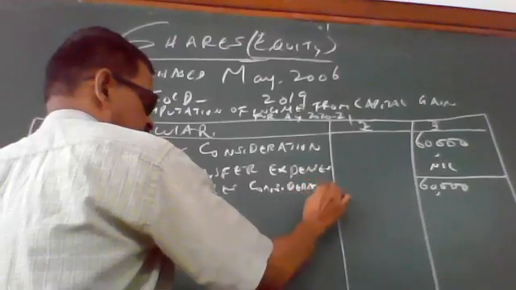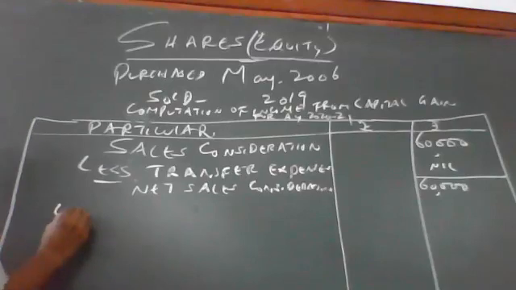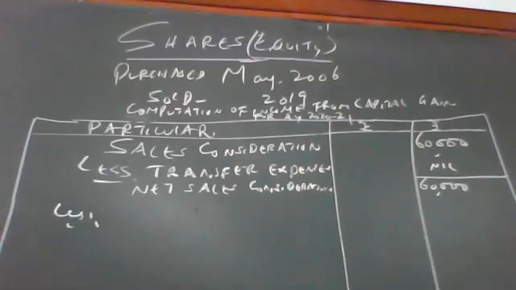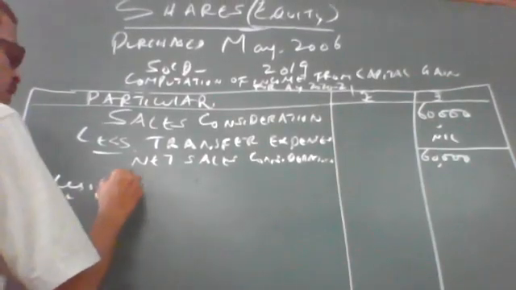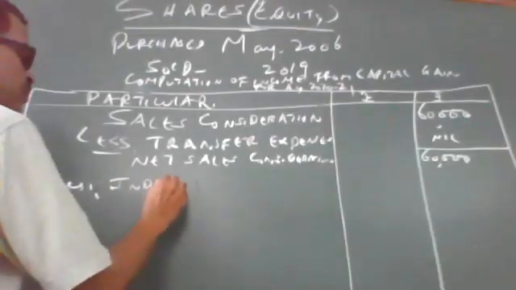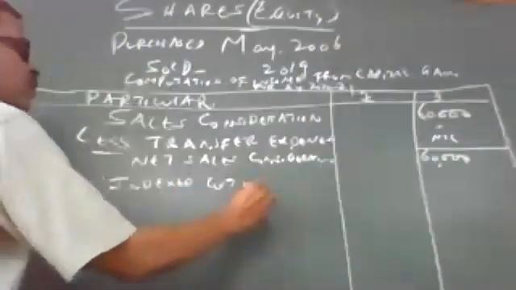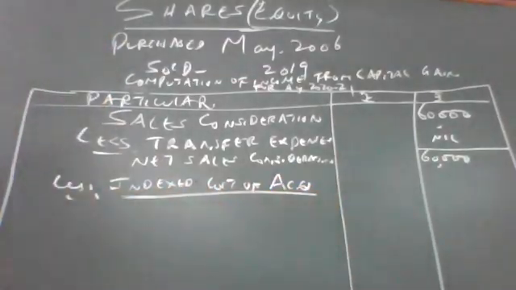Net sales consideration. Now, what do you have to calculate? Less, what do you have to subtract? Indexed cost of acquisition. So what is the formula?